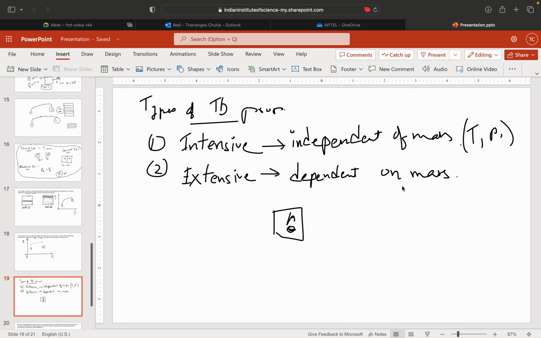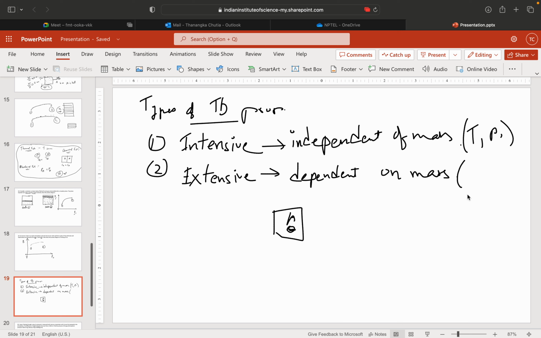So extensive properties, example. Extensive property. I don't know, sir. Any property, you just think any property that is dependent on mass. If you increase mass, that property may change, and if you decrease mass, that property may change.